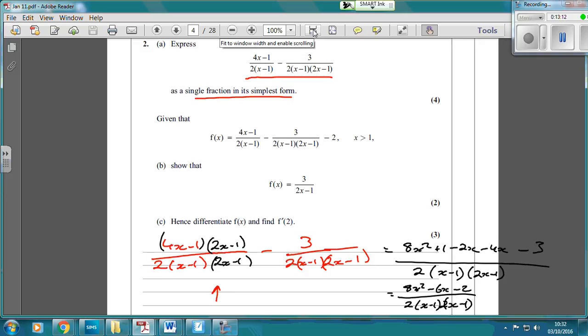Right, I can see that everything on the top is even numbers. So I'm going to divide top and bottom by 2. So that's going to be 4x squared minus 3x minus 1 over x minus 1, 2x minus 1. So I've cancelled out that 2 down there. But then factorise the top. 2x. Now let's go with the 4x.